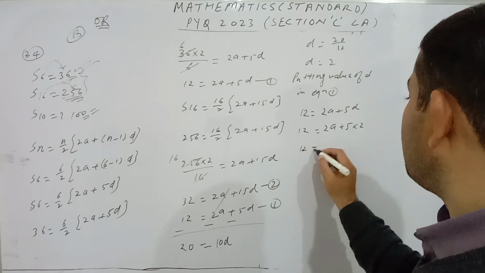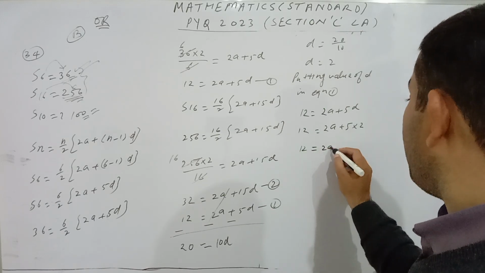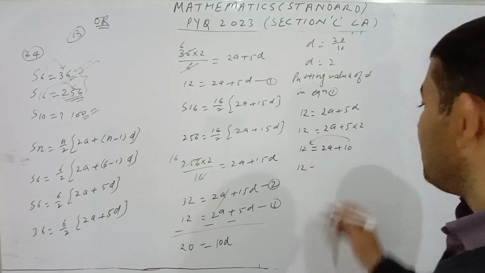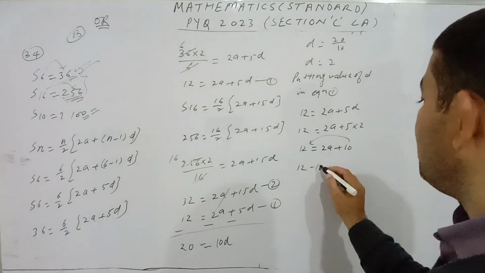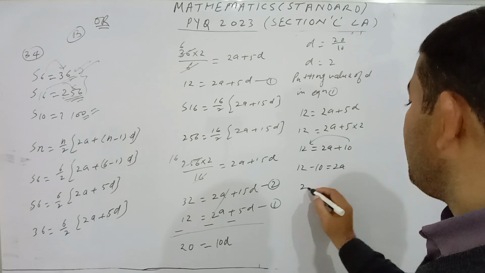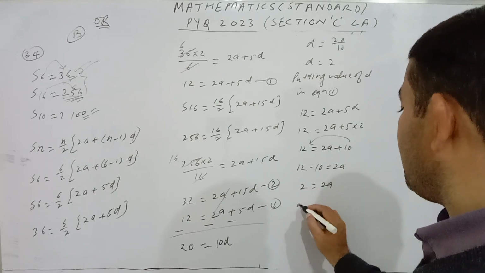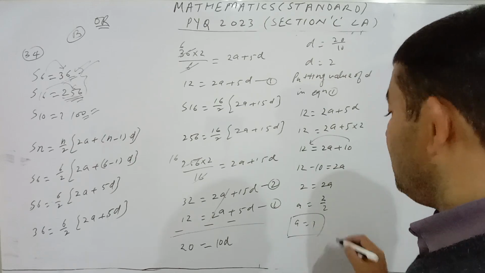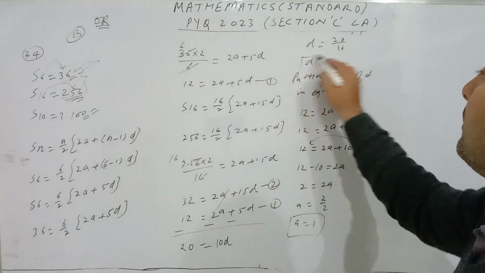So 12 equals 2a plus 10. Transposing 10 to the left side, it becomes negative: 12 minus 10 equals 2a, so 2 equals 2a, then a equals 2 by 2, so a is equal to 1. So a is equal to 1 and d is equal to 2.